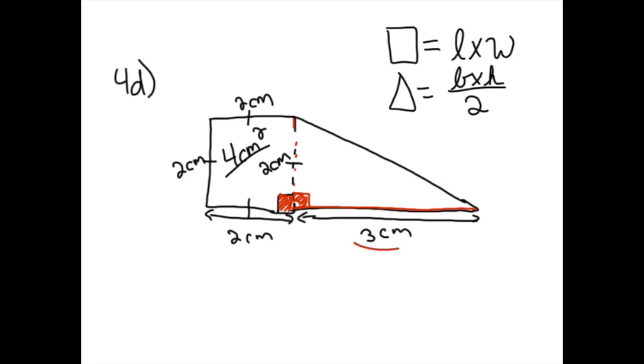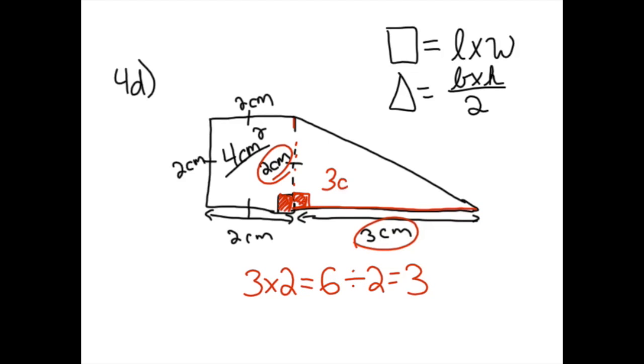So I know that one is my base and one is my height. So I'm going to do 3 times 2, which equals 6, and then 6 divided by 2, which equals 3. So this is 3 centimeters squared. My last step is going to be to add 4, the area of the square, and 3, the area of the triangle, together, and I'll get 7 centimeters squared.